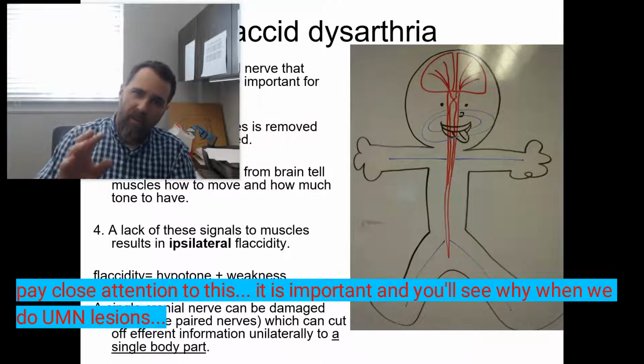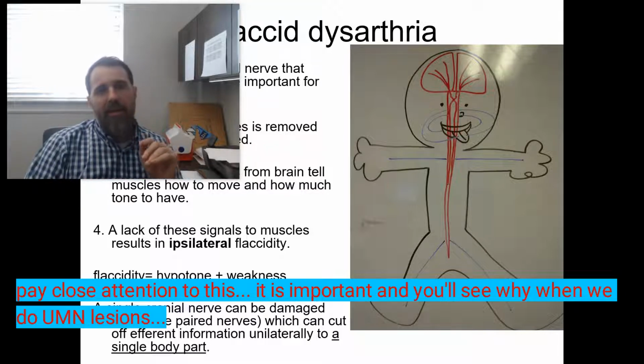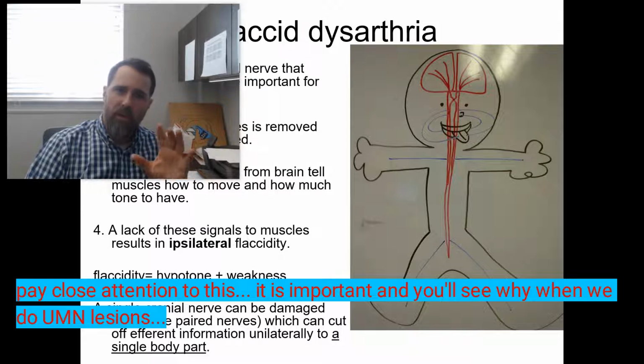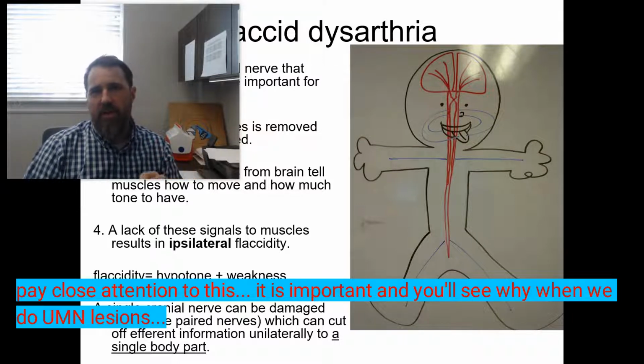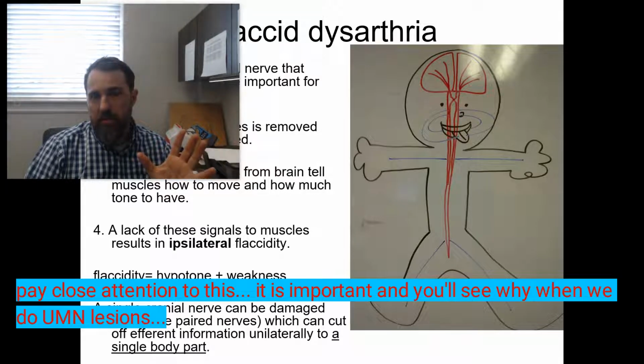So lower motor neuron damage creates flaccidity. And when you damage the lower motor neuron of a cranial nerve or a spinal nerve, the affected structure is going to be on the same side of the body as the neuron that you've damaged.